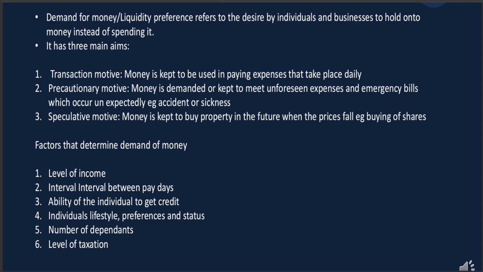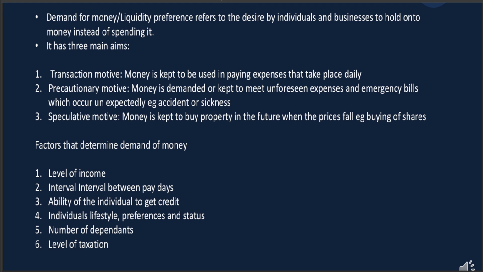So the sixth one is the level of taxation. The guys that are usually taxed higher are the ones who spend a lot, because ukiwa tax higher maanisha income yako itakuwa kidogo, sio? So the ones that are usually highly taxed have less disposable income and therefore hold relatively less money compared to those who are taxed less.